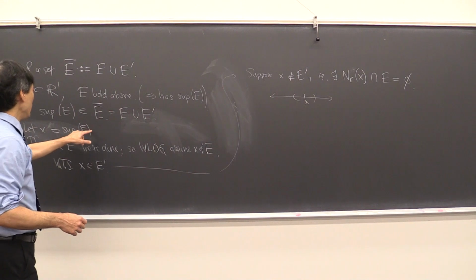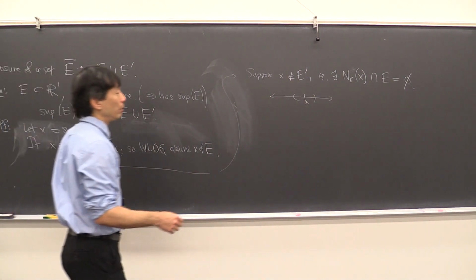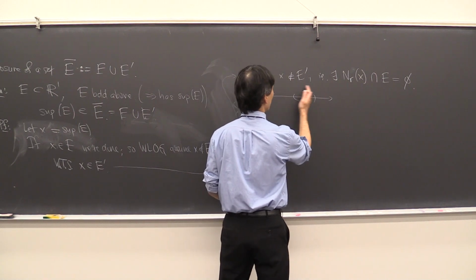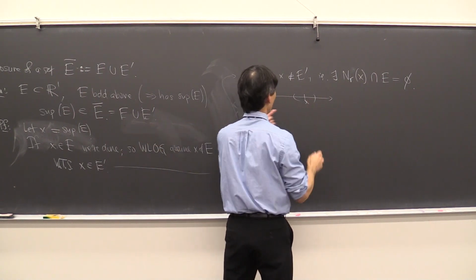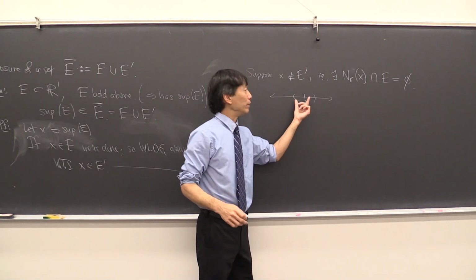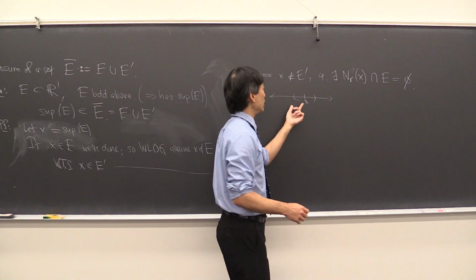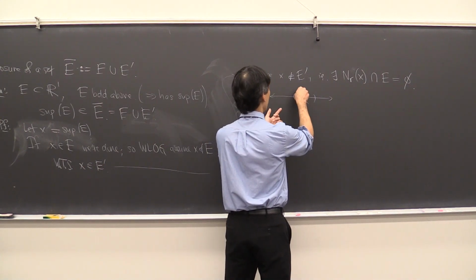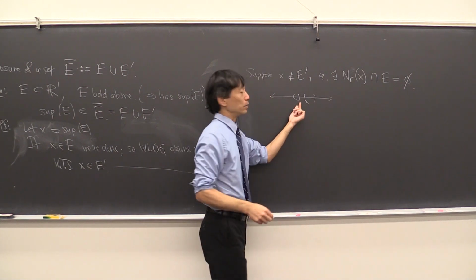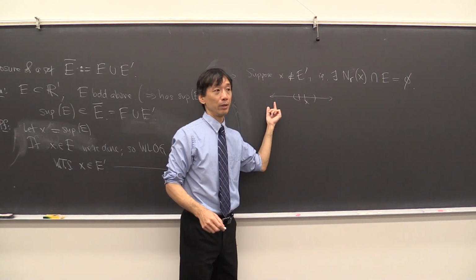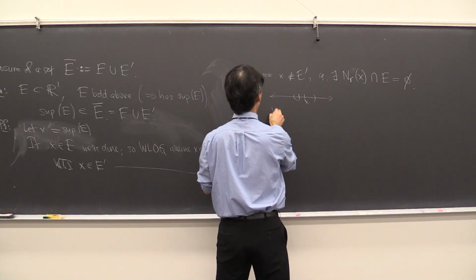X is supposed to be the supremum of E, the least upper bound, but we have this whole interval in which there's nothing of E. Which means that X minus r over 2 is still an upper bound of E.